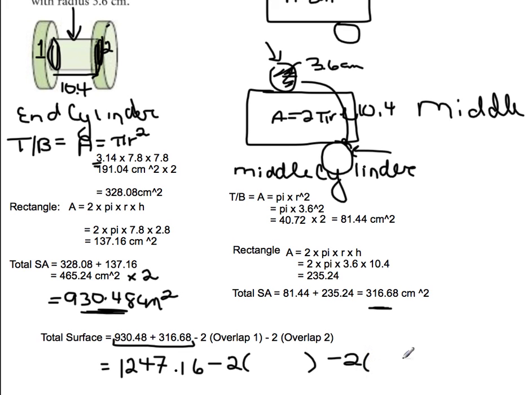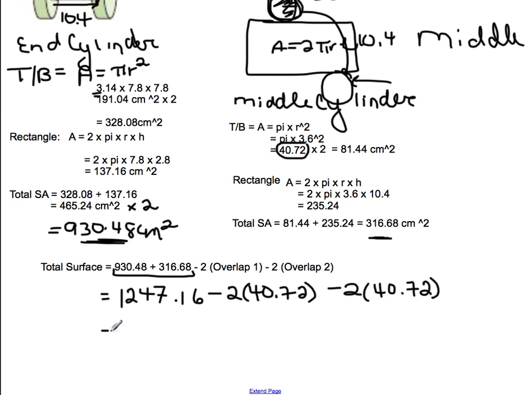Now my overlap in this case is going to be the area of one of these circles. So the area of one of these circles is, oh my goodness, I'm tired, 40.72. I have to take away 2 of them for the first overlap, one for the middle circle, just like when I opened up those cubes, and then again for the second overlap.